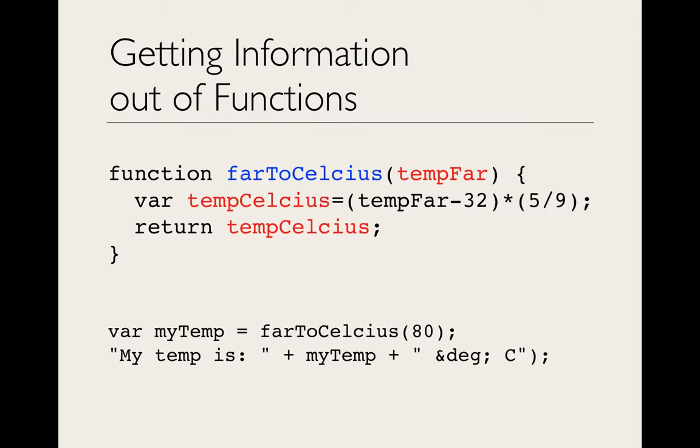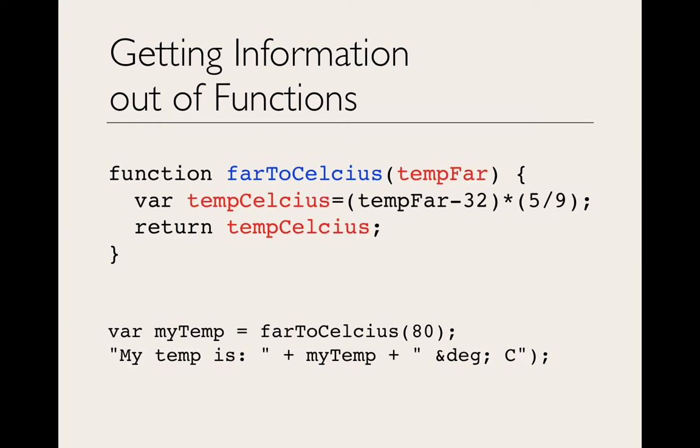So, getting information out of functions, you just use the return keyword and the value. So if we have a variable, name of myTemp, and it's being set to the function Fahrenheit to Celsius with a parameter of 80. It's going to pass that 80 to the Fahrenheit to Celsius function up above and return a value of the temperature in Celsius.